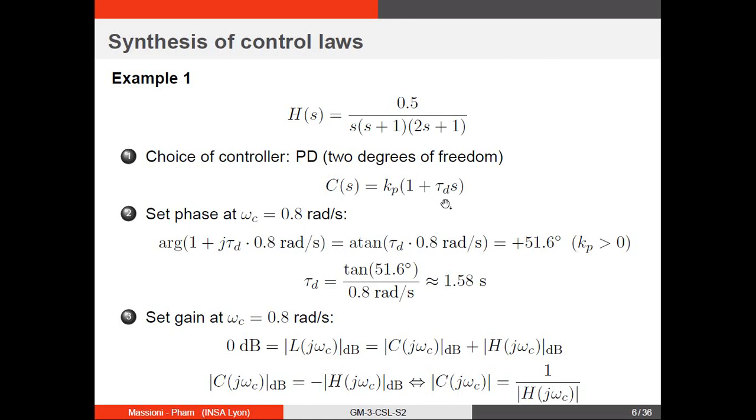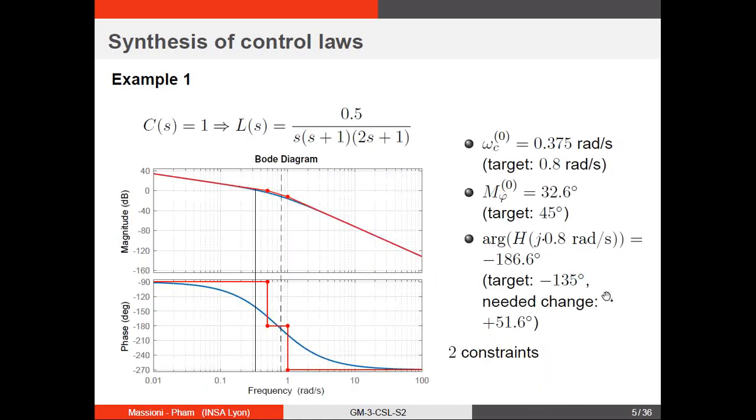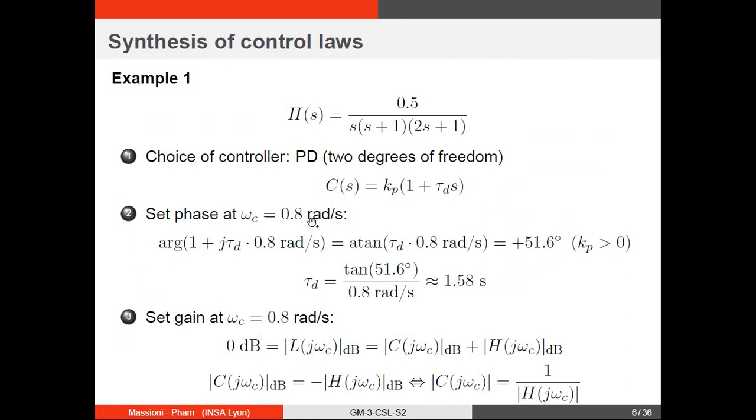If we compute the phase of this term over here, this is the extra phase that we want. And what extra phase do we want? Well, we want to go from minus 186 to minus 135, so we need to increase the phase by 51 degrees. So we want this extra term we add.